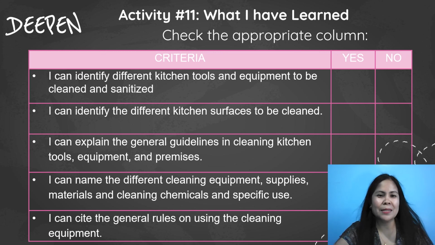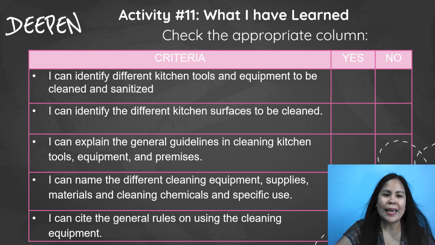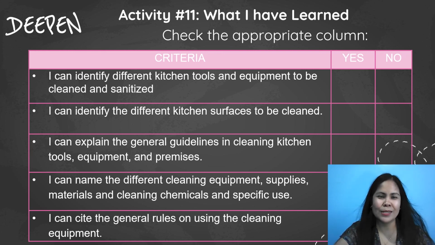I can identify the different kitchen surfaces to be cleaned. I can explain the general guidelines in cleaning kitchen tools, equipment, and premises. I can name the different cleaning equipment, supplies, materials, and cleaning chemicals and specific use. And I can cite the general rules on using the cleaning equipment. So either yes or no.